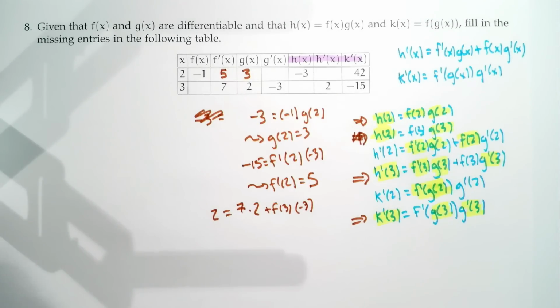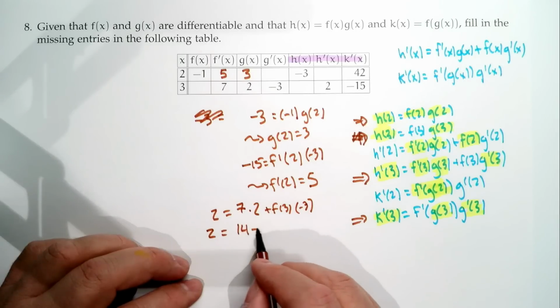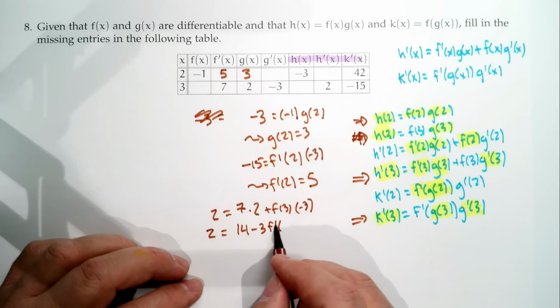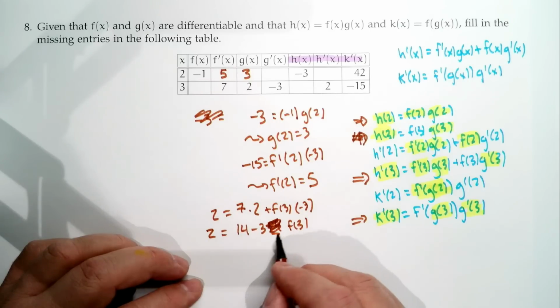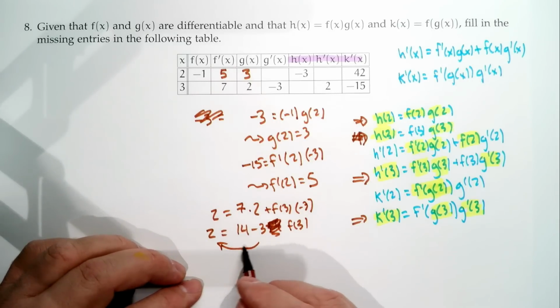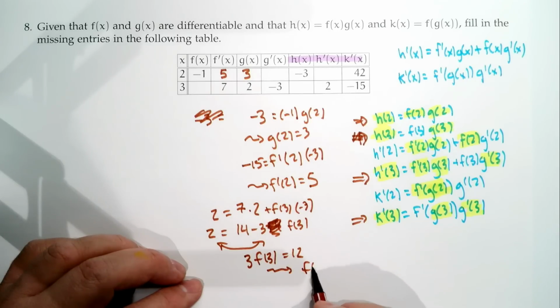Okay. So we get 2 is equal to 14 minus 3 f, not f prime, that's f. So we can rearrange. We'll get 3 times f of 3 equals 12. And therefore, f of 3 is equal to 4.